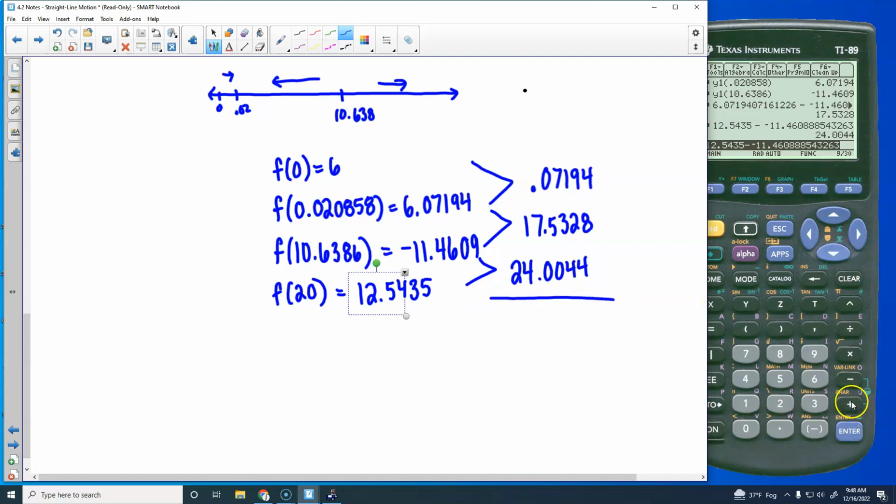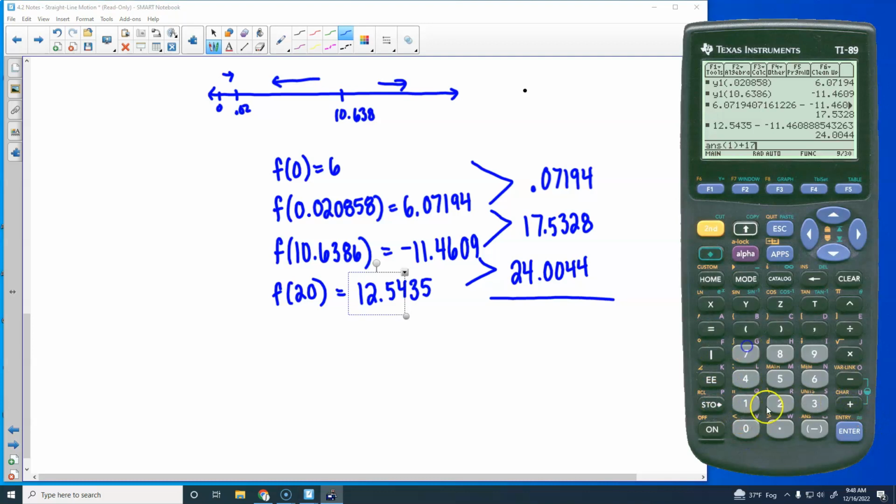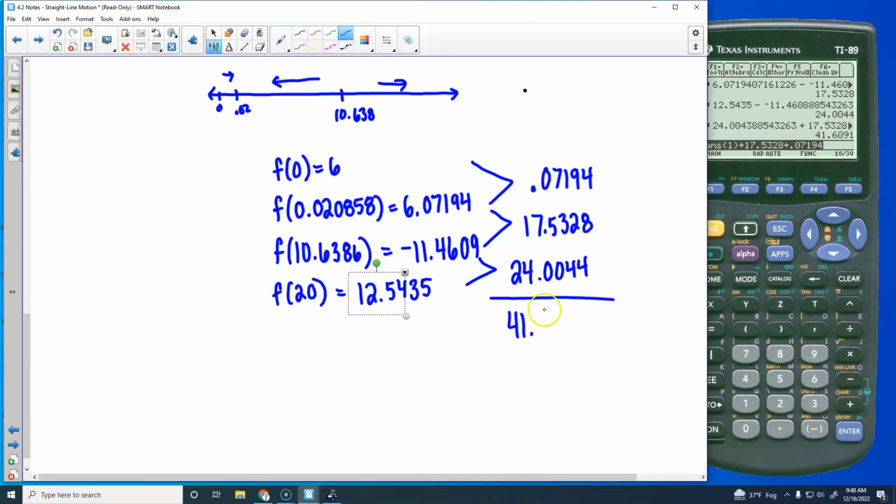And so if I add those together, then I'll get 41.6091 units. So the total distance is actually a lot more than the displacement, because the particle went in one direction, then it turned around and came back. So it's not very far from where it started, but its total distance traveled is further.